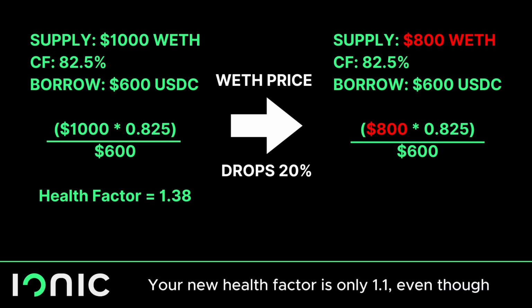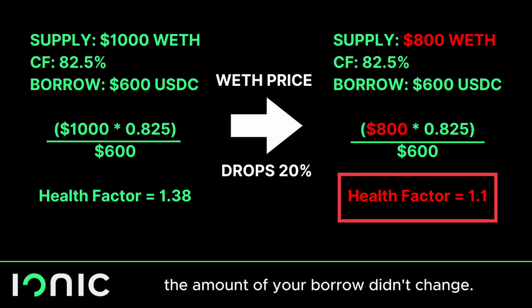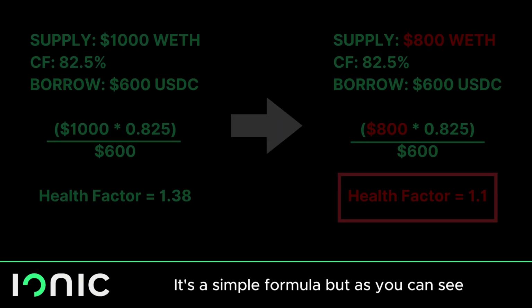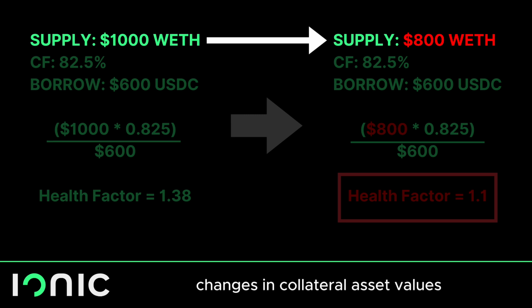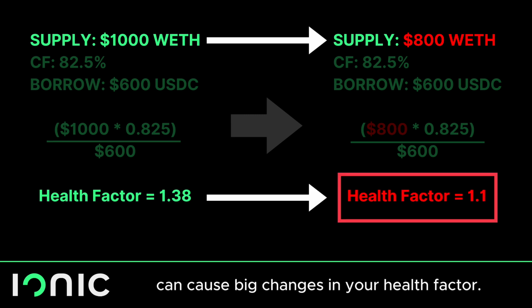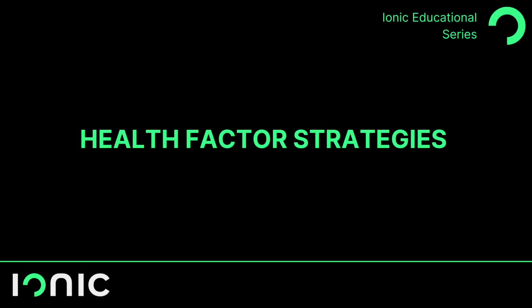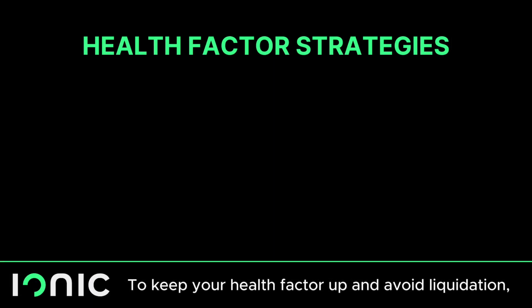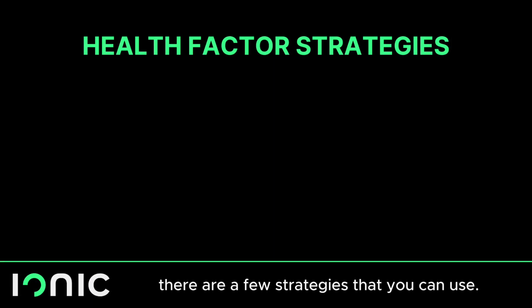Your new health factor is only 1.1, even though the amount of your borrow didn't change. It's a simple formula, but as you can see, changes in collateral asset values can cause big changes in your health factor.